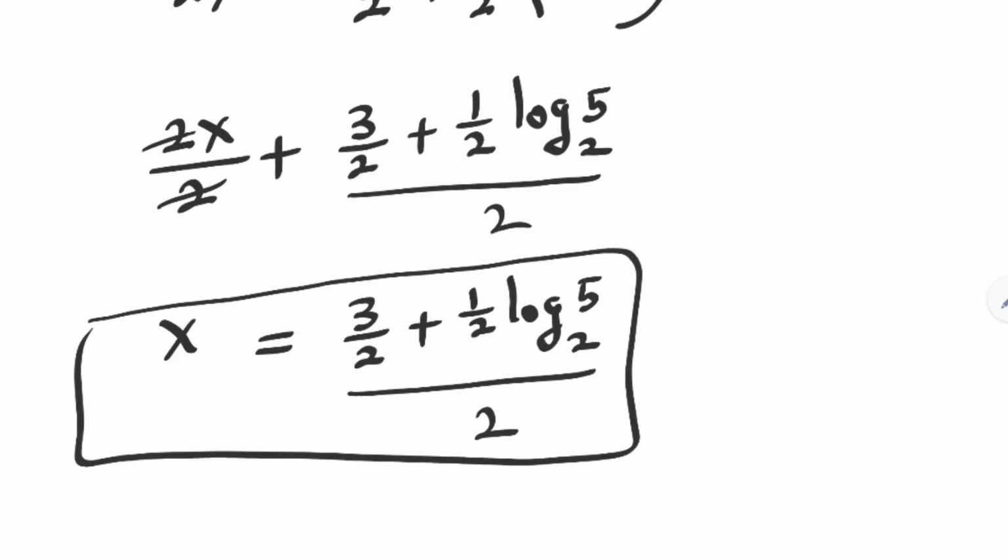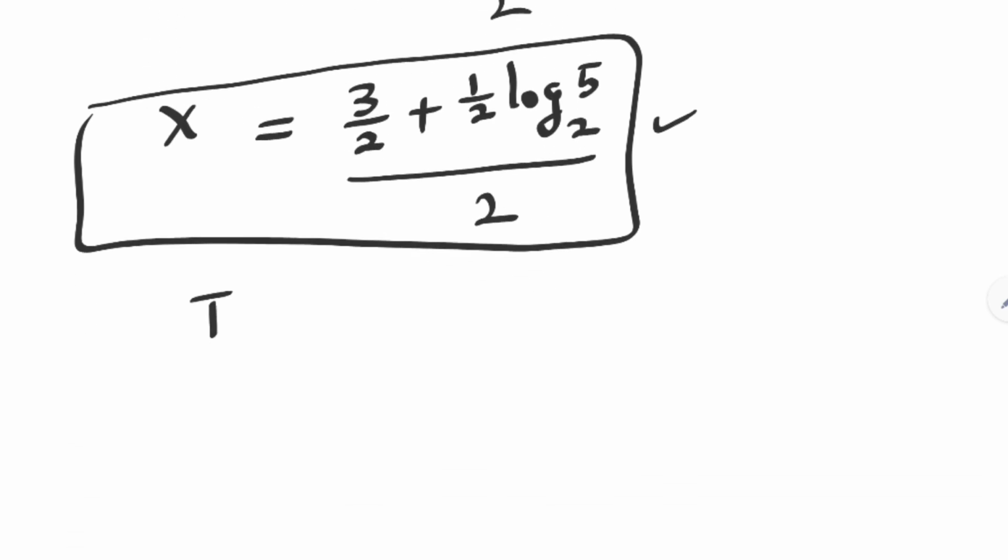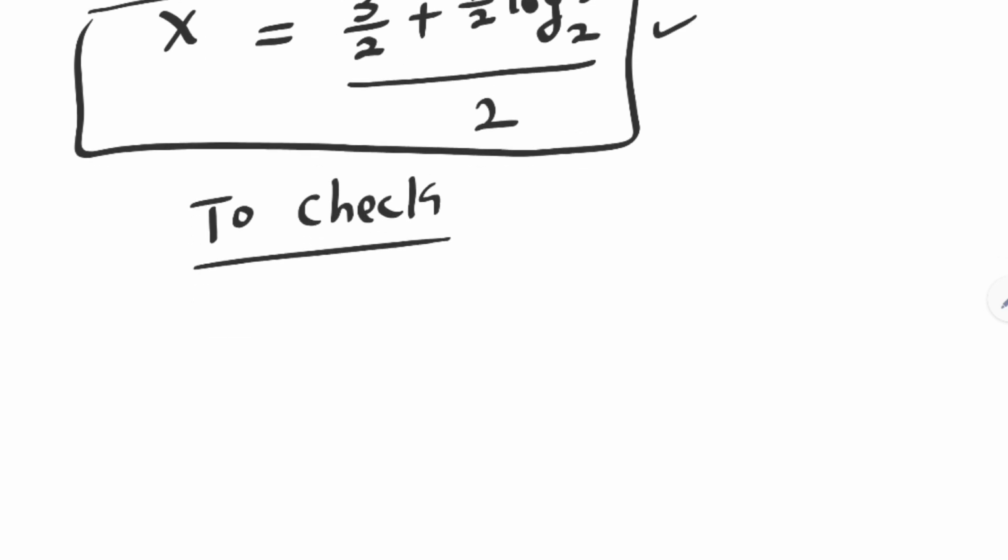We may check to confirm if this answer is right or wrong. Let's check. To check, we have the given equation 4 raised to power x multiplied by 4 raised to power x is equal to 40.